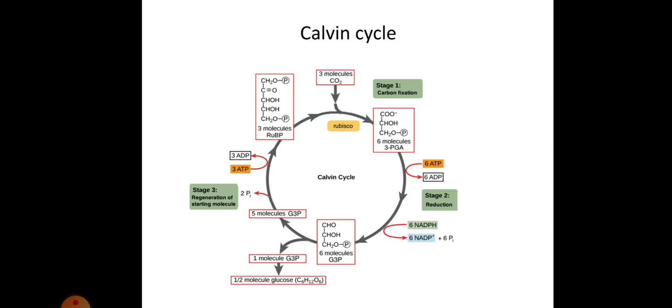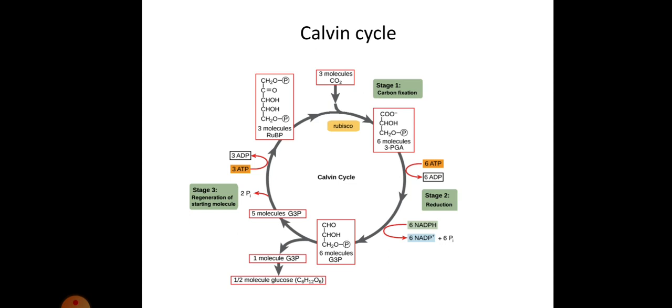In the second stage, which is the reduction stage, this stage needs 6 ATP molecules and 6 NADPH molecules to convert the 6 phosphoglycerate molecules into 6 molecules of G3P or glyceraldehyde 3-phosphate.